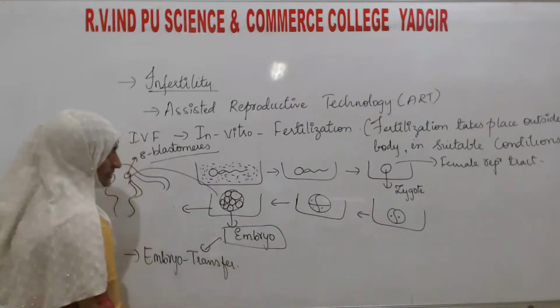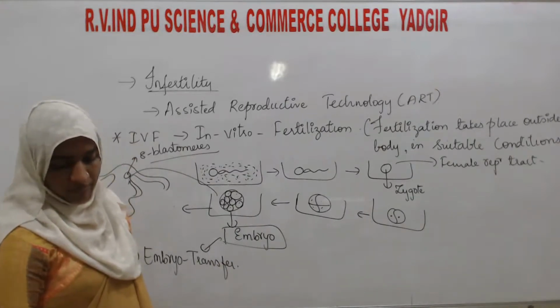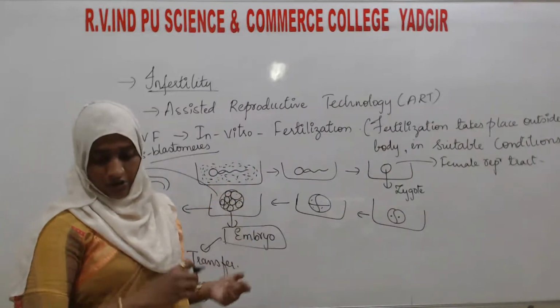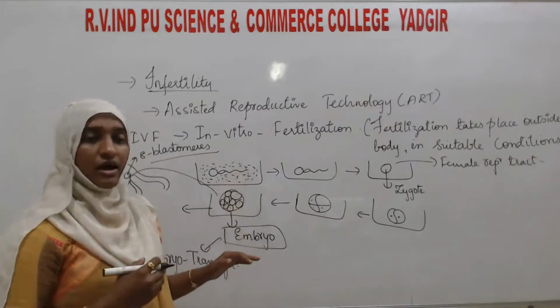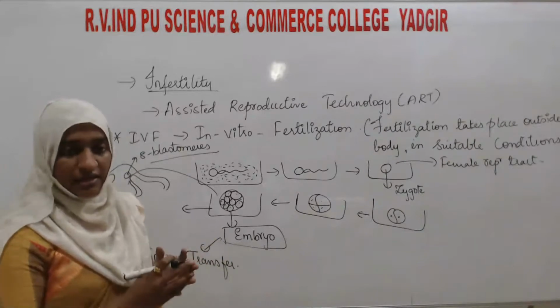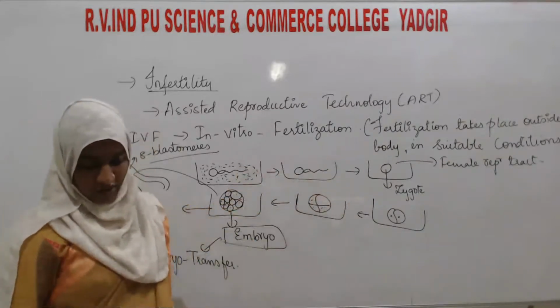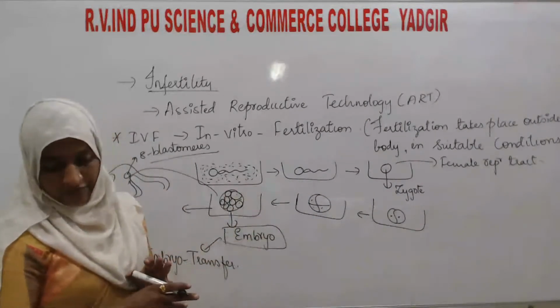What is it known as? It is known as embryo transfer. Okay, so ova from a wife or a female donor and sperm from a husband or a male donor, they are going to collect them, make them fertilize, and make the zygote. All these things take place in the labs.